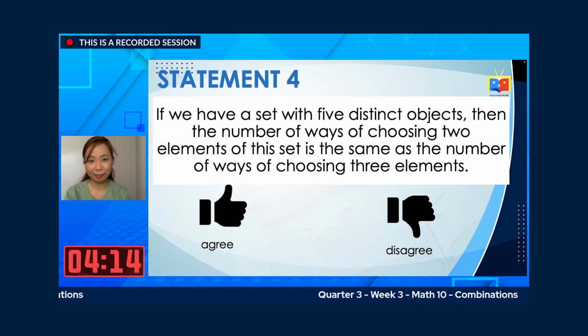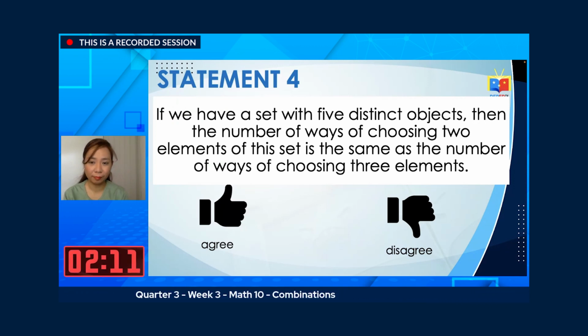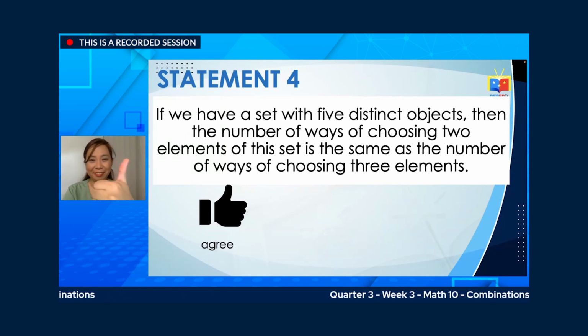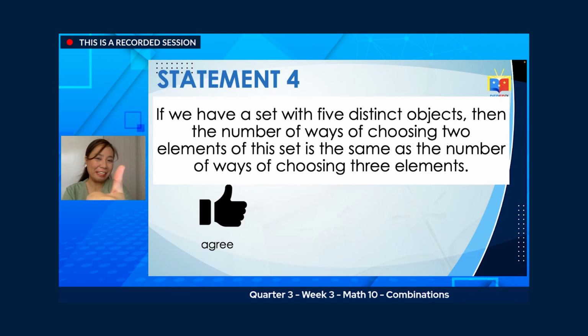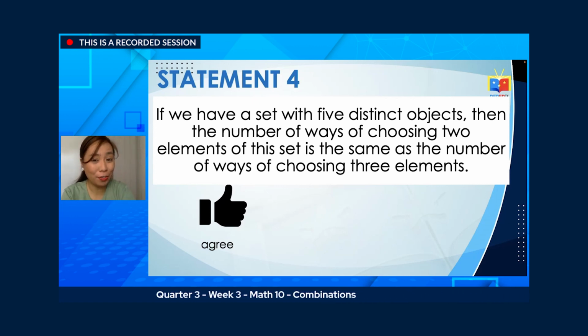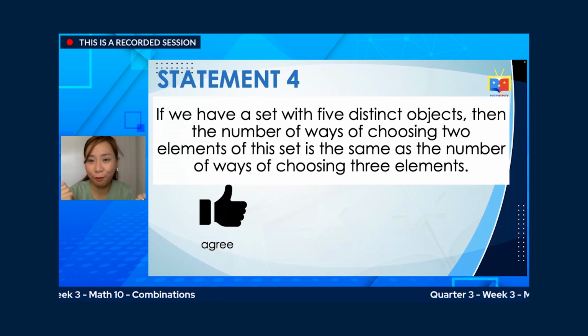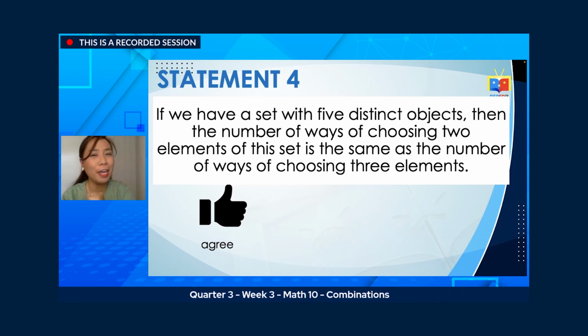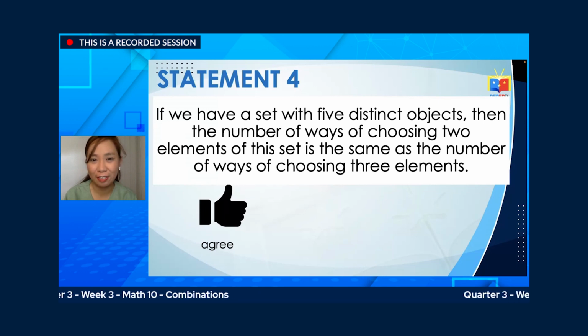Go. The correct answer here is, good job! It's agree. But before I show you the solution on this statement, let me know if you get 4 out of 4. Because if you did, very good, mathletes. But if not, it's okay. Don't worry. We will have more discussion about combinations.